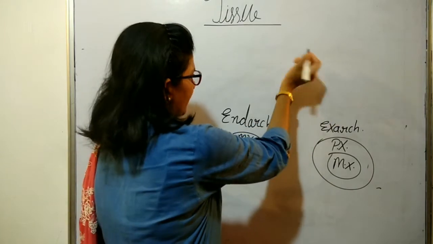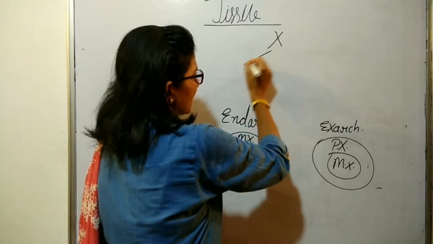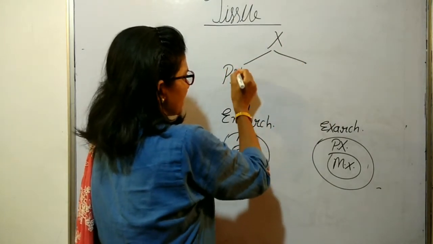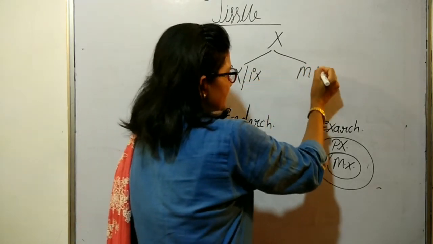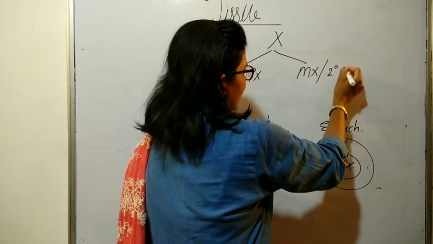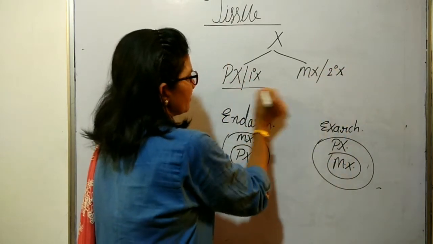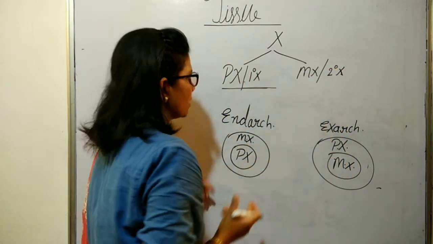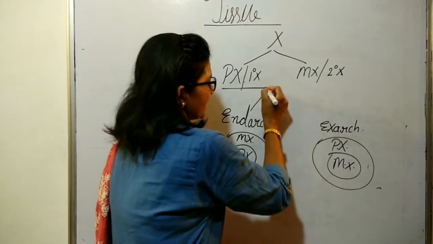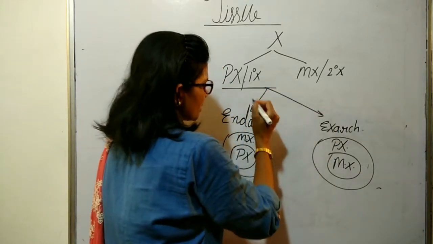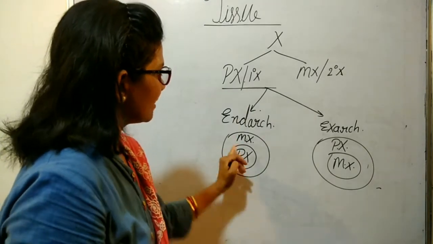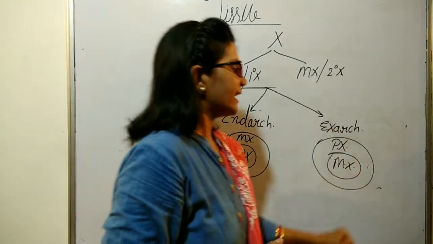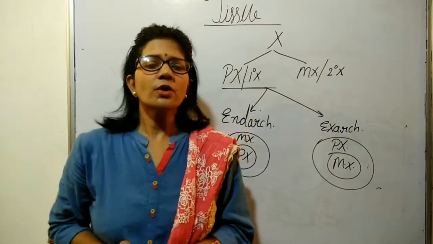So xylem can be of two types, protoxylem or the primary xylem, and metaxylem or the secondary xylem, and on the basis of the position of protoxylem, it can be of two types: first, the endarch, in which the protoxylem lies at the center, and the exarch, in which the protoxylem lies at the periphery.